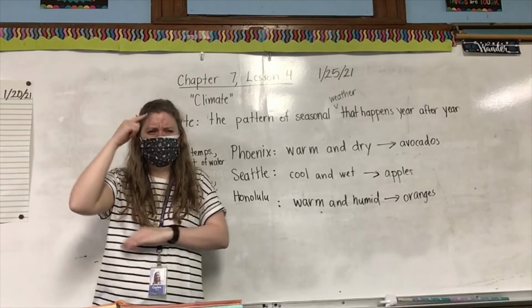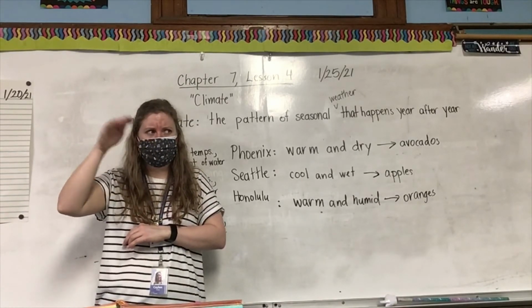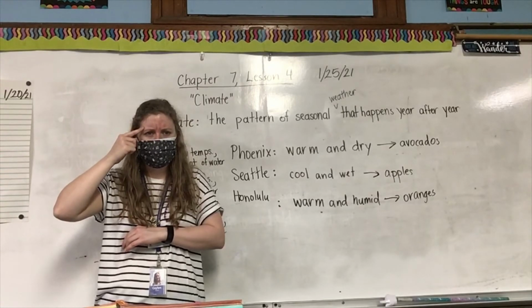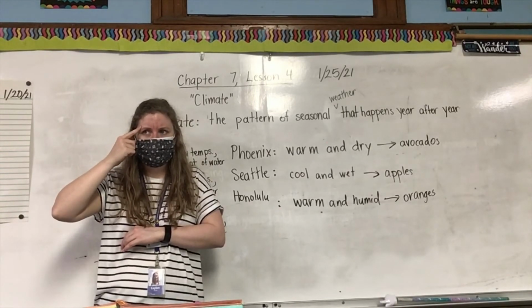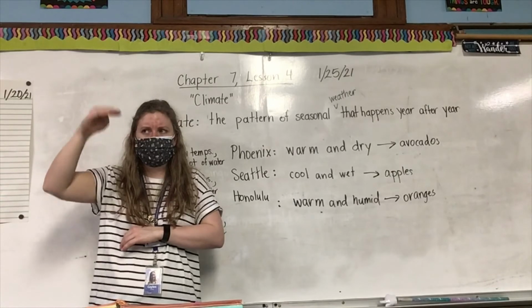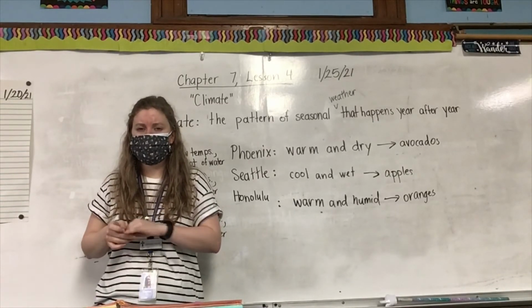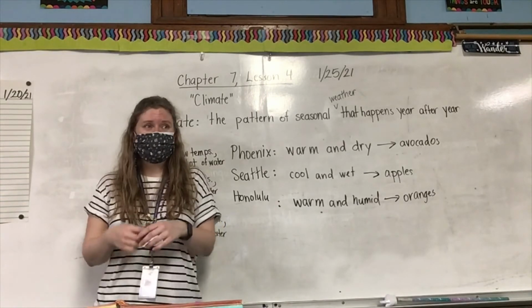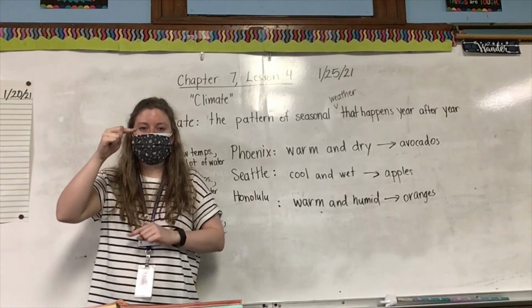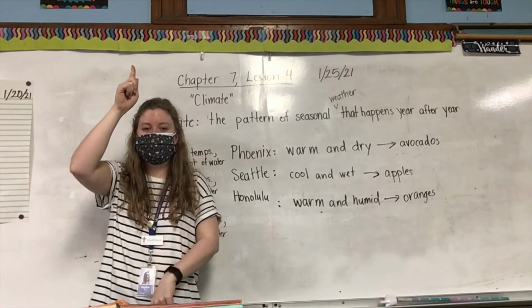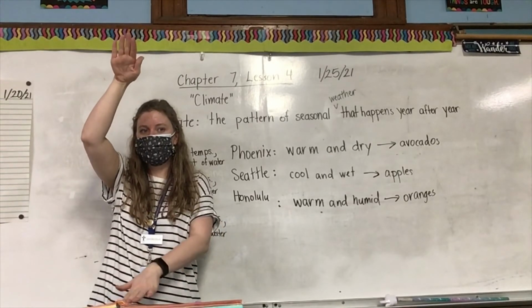The farther it was, what do we remember about the weather? As you got further away from the equator, what happened to the temperature? Smith? It gets colder. It gets colder because if you're moving away from the equator, what are you moving towards? Cullen?